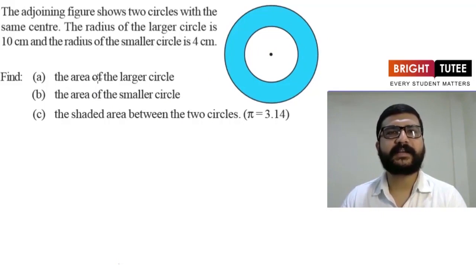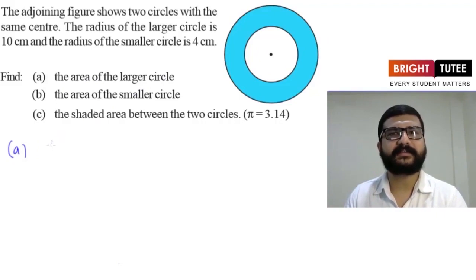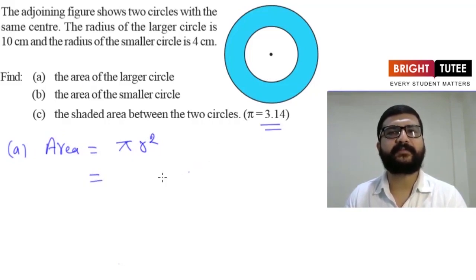So here first of all let us find the area of the larger circle. So A part of the question is to find the area of the larger circle. Now how do we find the area of the larger circle? As we know, we have one formula, area is equal to pi r square. Now here we have to take value of pi as 3.14. So it will be 3.14 into r square. And what is the radius of the larger circle? It is 10 centimeters.